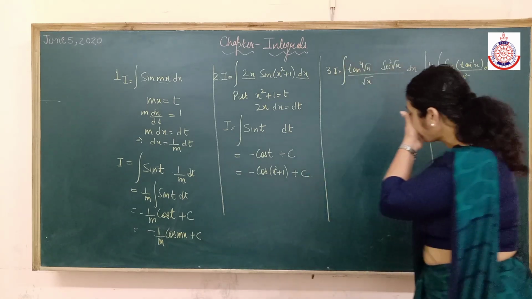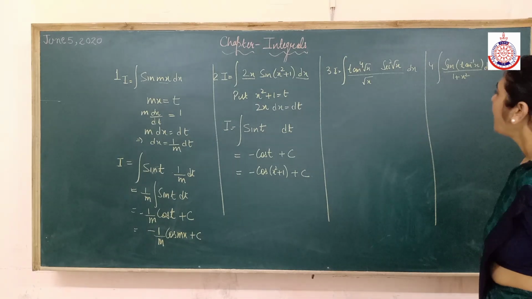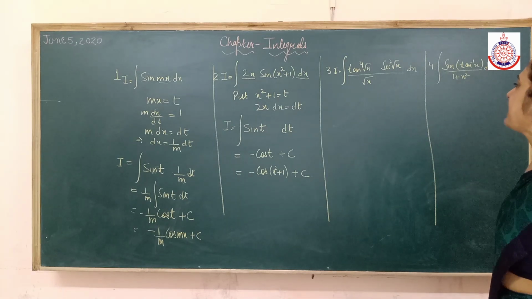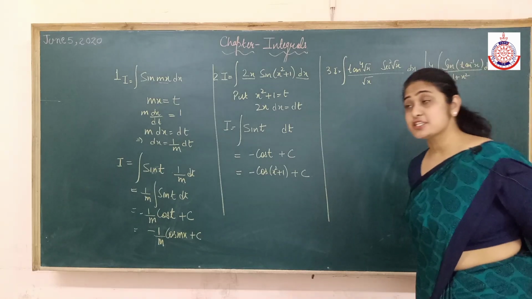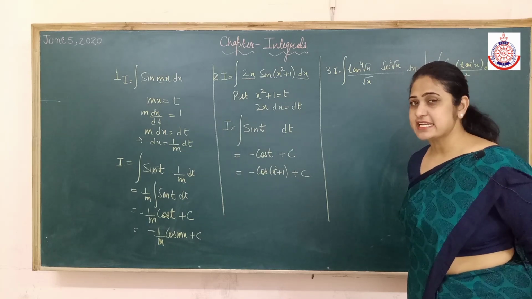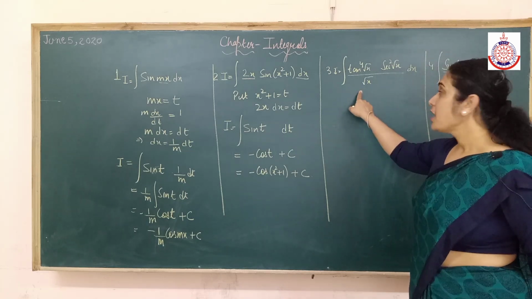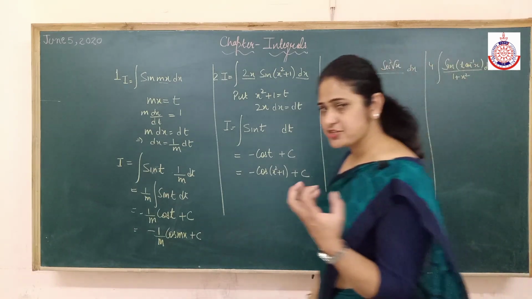Now in this question, let's check whose differentiation is given to me. I have tan raised to power 4, I have secant square, I have under root x in the denominator. If I say under root x differentiation, definitely that is 1 by under root x. I have that, but it has much more than that. Think about some trigonometric function.